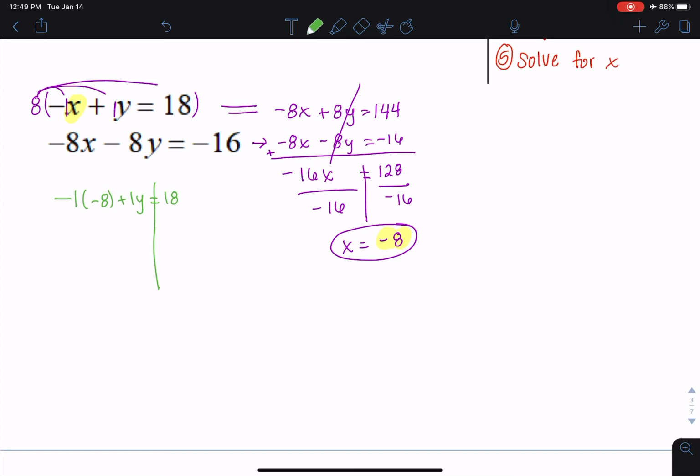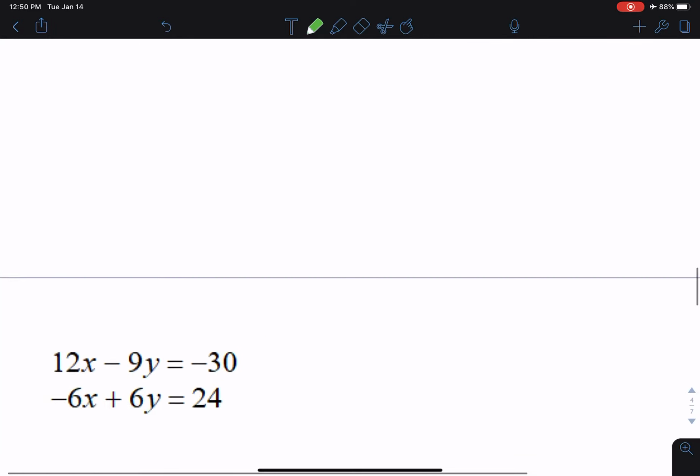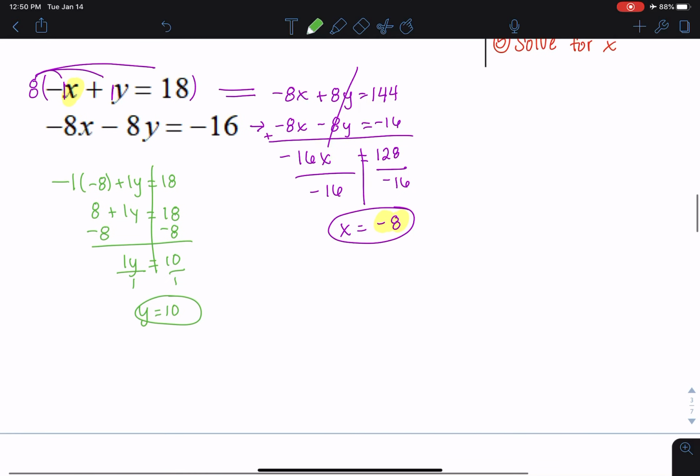Negative 1 times negative 8 is a positive 8, plus 1y equals 18, minus 8. 1y equals 10, divide by 1, y equals 10. So the answer you should have gotten is the ordered pair, negative 8, 10.